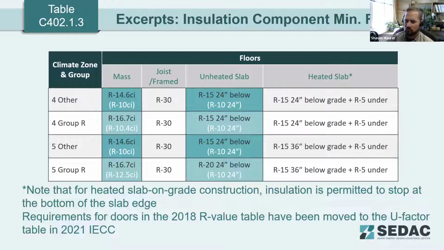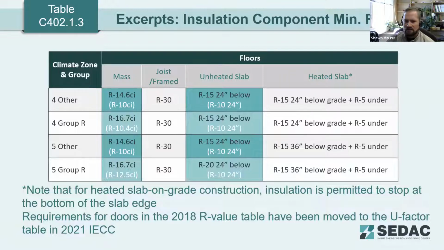You've got a continuous thermal break there, so you don't need to continue that perimeter insulation down to the depth listed in the table. However, if you've got exterior slab insulation that isn't connected to under slab insulation for some reason, then you would need to go that full depth.